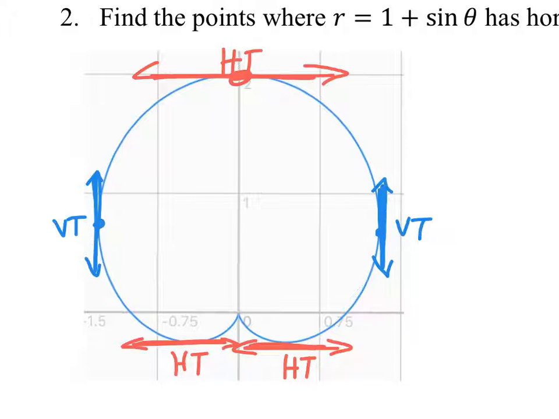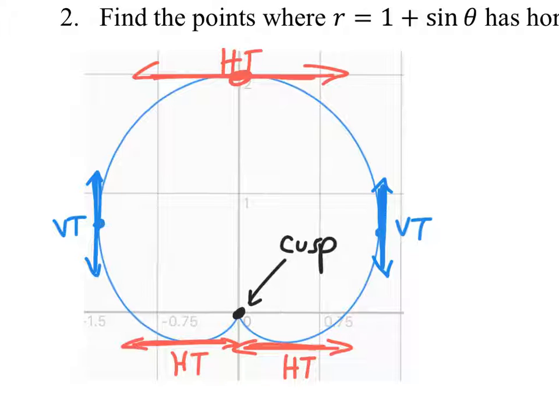And then any part of a graph that comes to a point is known as either a corner or a cusp. If it bows into the point, it's a cusp. Generally, the corners you're not going to have to worry about because those happen with absolute value functions and piecewise functions and things like that.